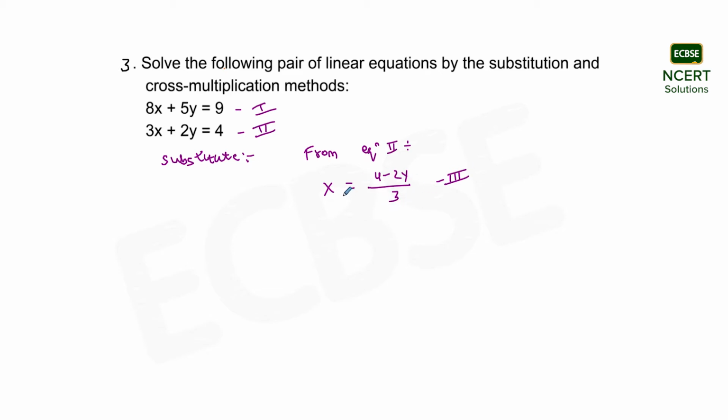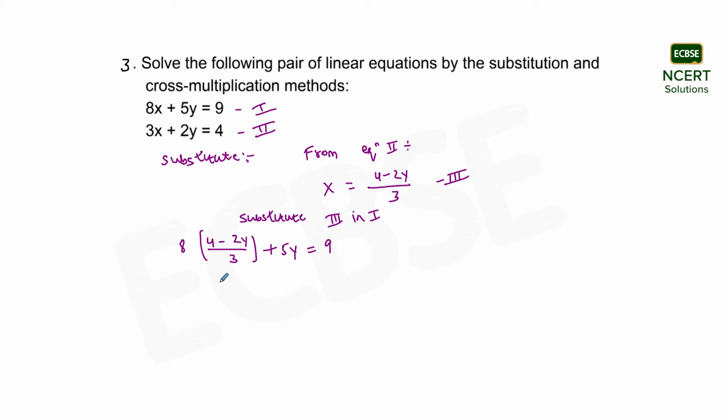Now substitute this value of x in the first linear equation. That is, substitute third in first. Substituting x into the first linear equation, I get 8 into (4 minus 2y) divided by 3, plus 5y is equal to 9.